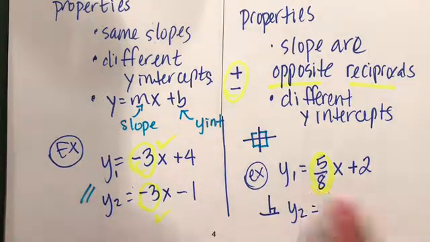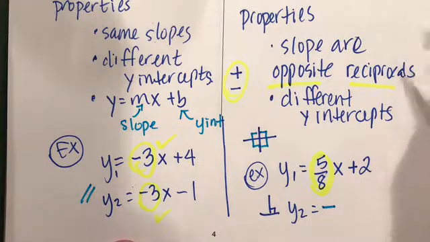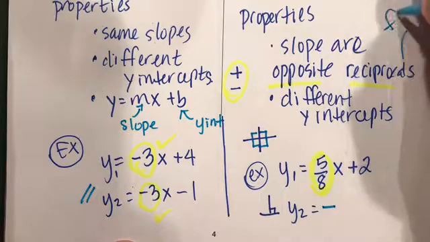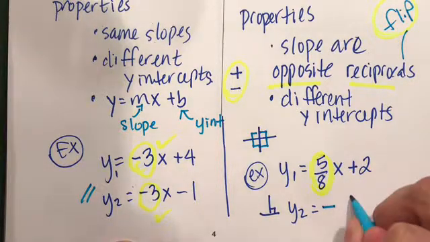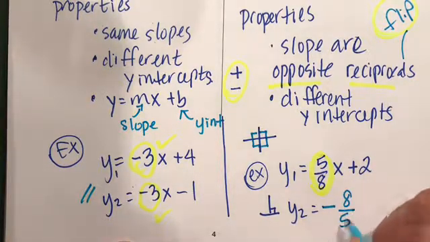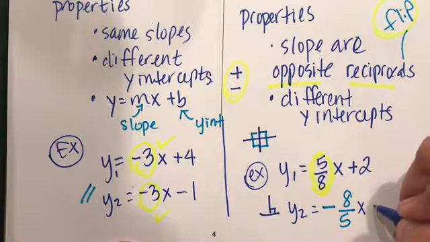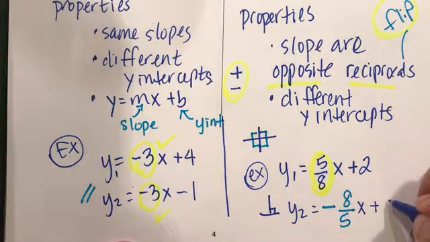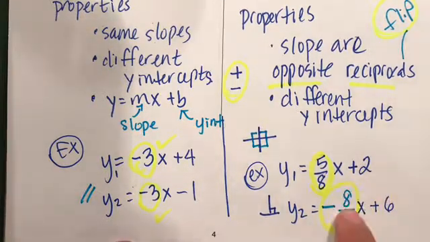This is going to be a positive, so I want to say negative. Reciprocal means to flip. Eight over 5. And then the rest will be the same, so x, let's just say 6. These slopes are opposite reciprocal.